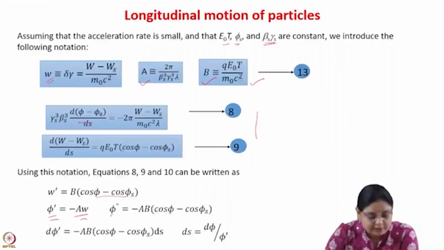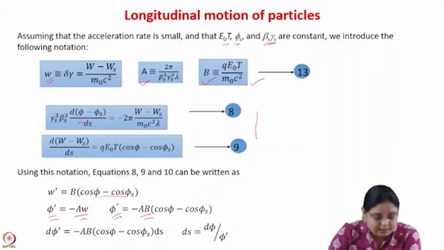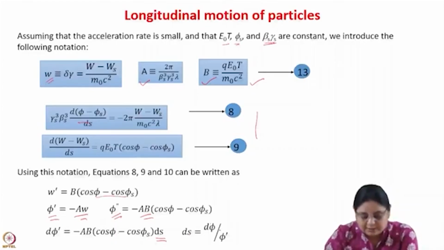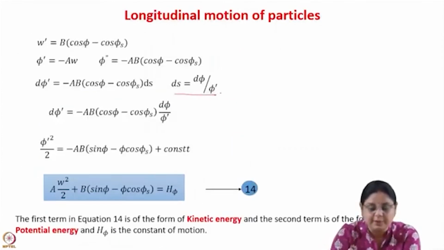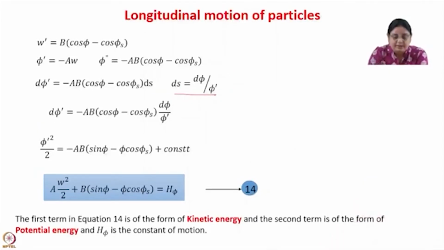We can differentiate this expression again to get phi double prime is equal to minus AB times cos phi minus cos phi s, and this can then be written as d phi prime, taking ds on the right hand side, so d phi prime is equal to minus AB cos phi minus cos phi s ds. Now ds is d phi by phi prime. So we can substitute ds as d phi by phi prime, and we have a d phi prime here, and then we can integrate this expression, and this is what we get.